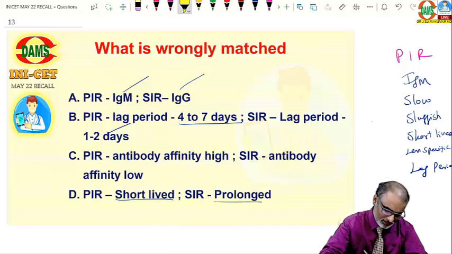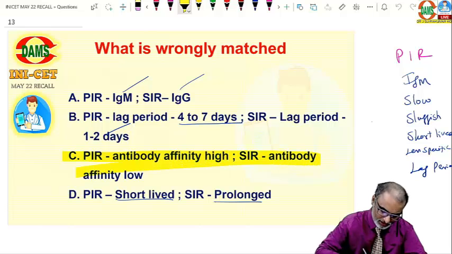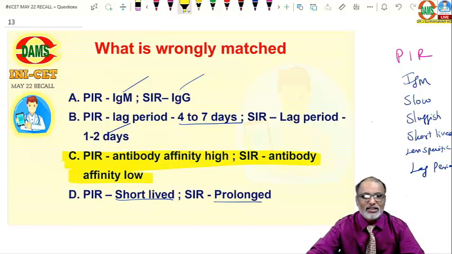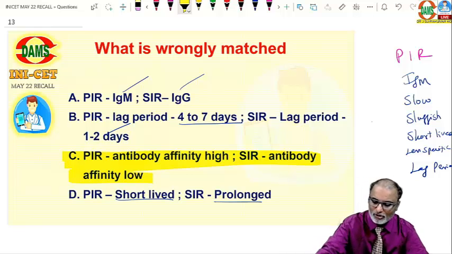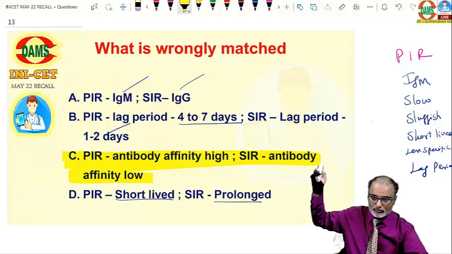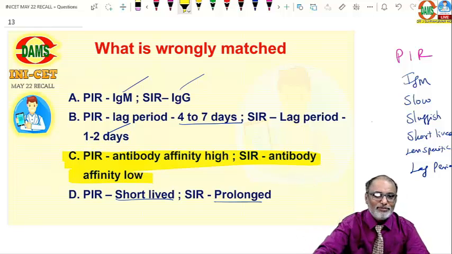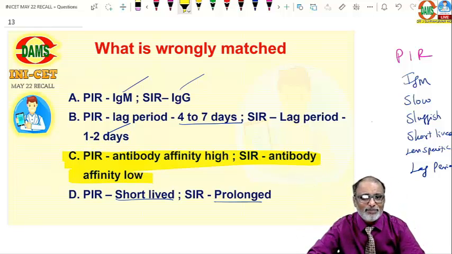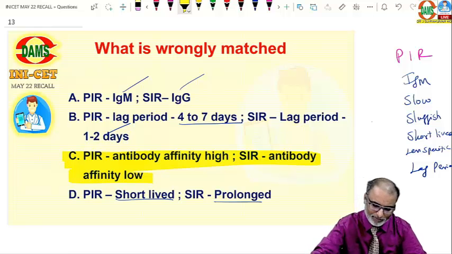And importantly, in primary immune response antibody affinity is low, secondary is high. So that is the wrong statement mentioned here. Very simple. If you understand the differences between primary and secondary immune response, it will be very easy.